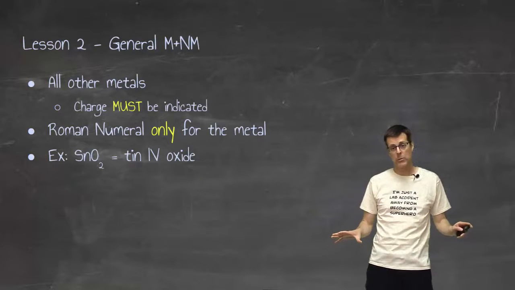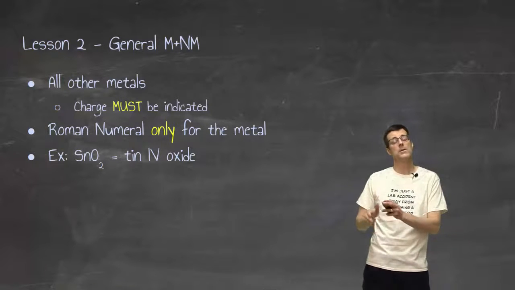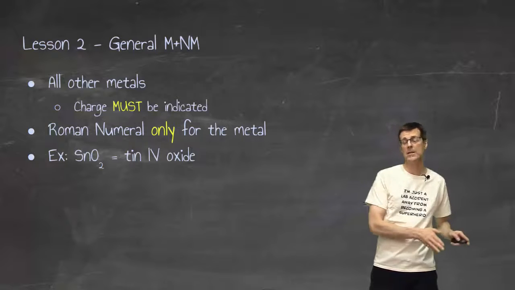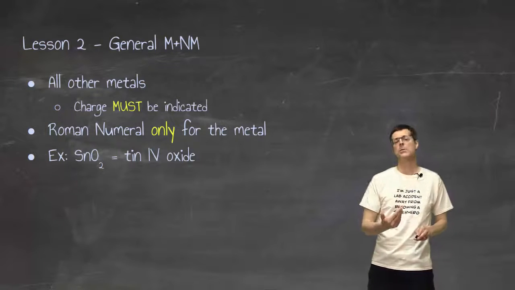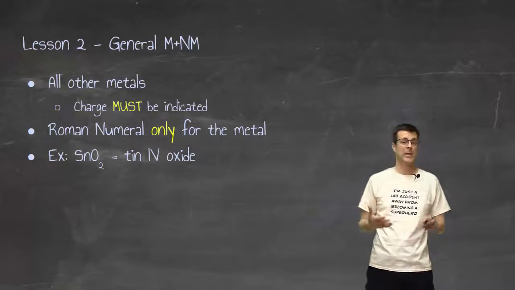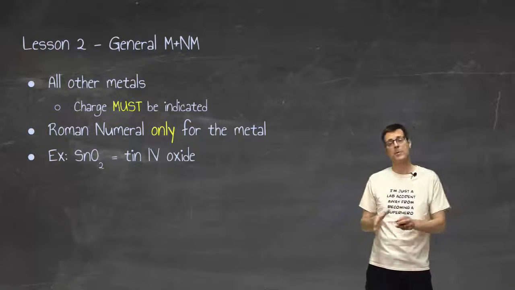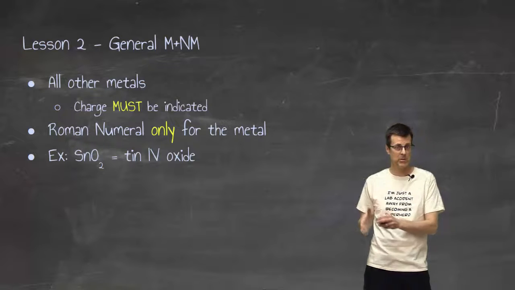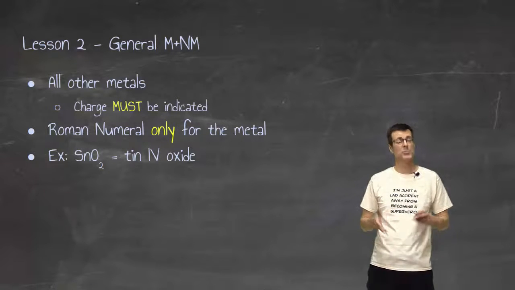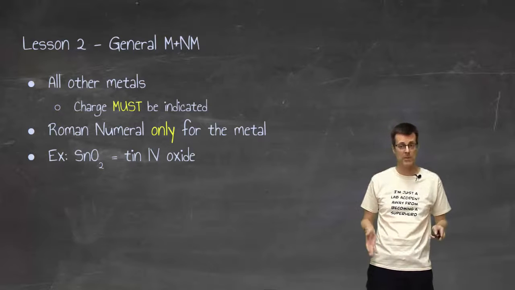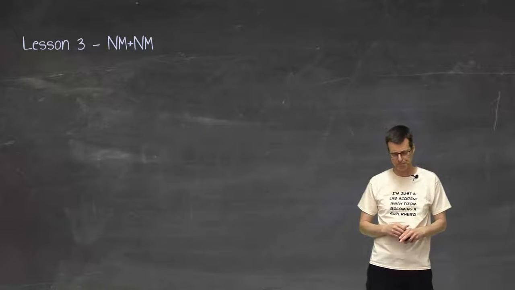No Roman numerals anywhere else, just the 4, and the 4 represents the charge on the tin. Now, I know that later on in nomenclature we found another way of doing a similar thing, but the bottom line remains we have to indicate the charge on the metal, and we only indicate the charge on the metal, one way or another.